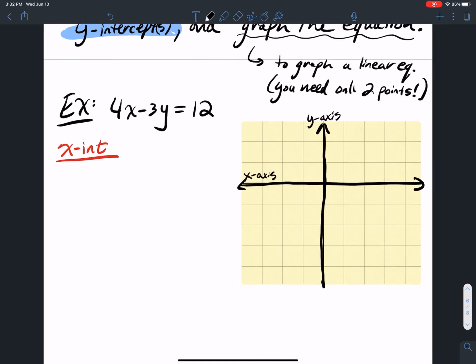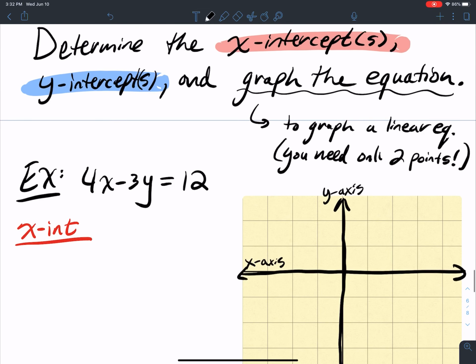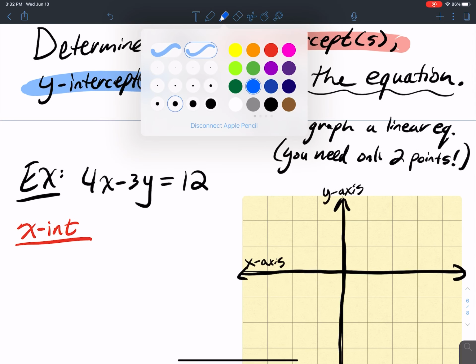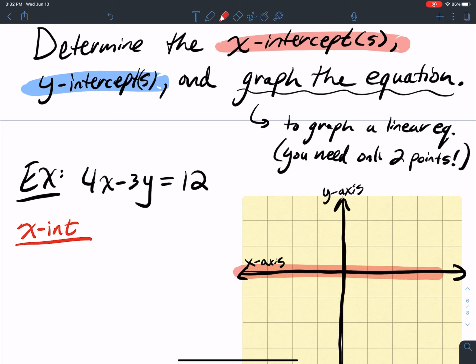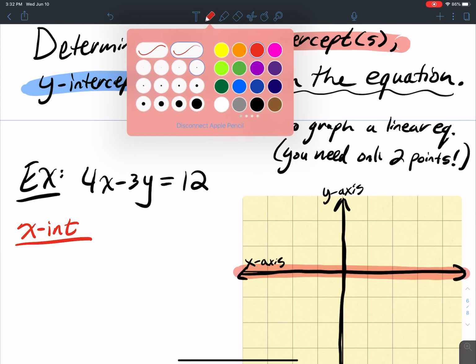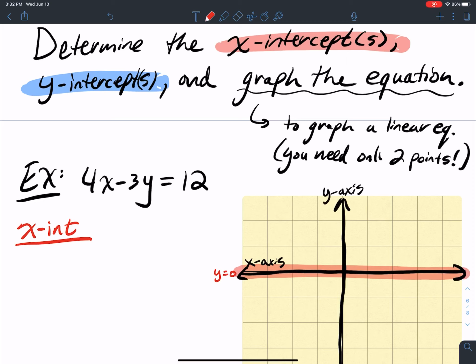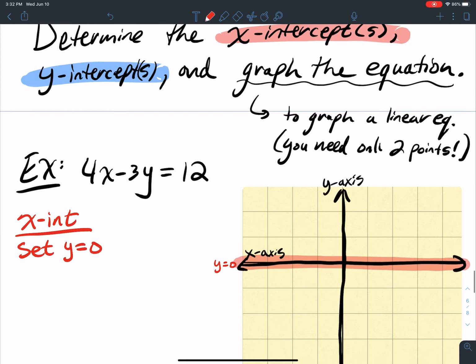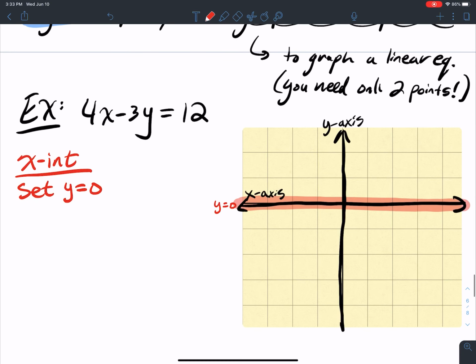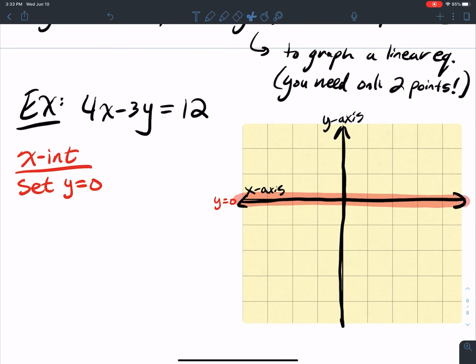Now, to find x-intercepts, what is the value of y on the x-axis? The value of y is 0. So we talked about that. To find an x-intercept, I set y equal to 0. If I do that, then what happens with the equation above?